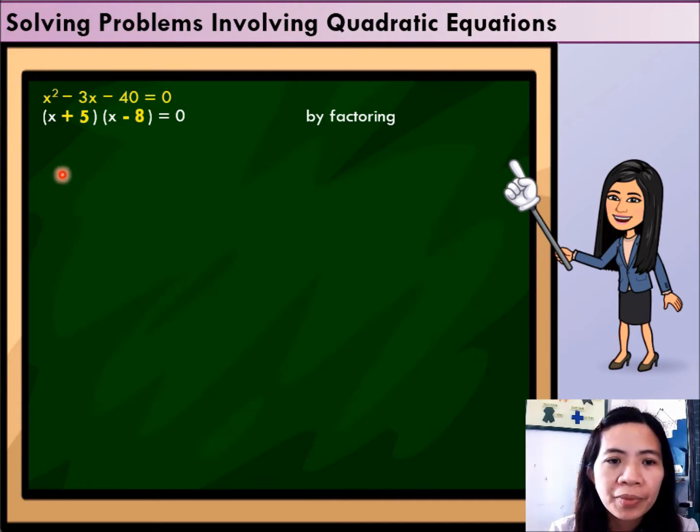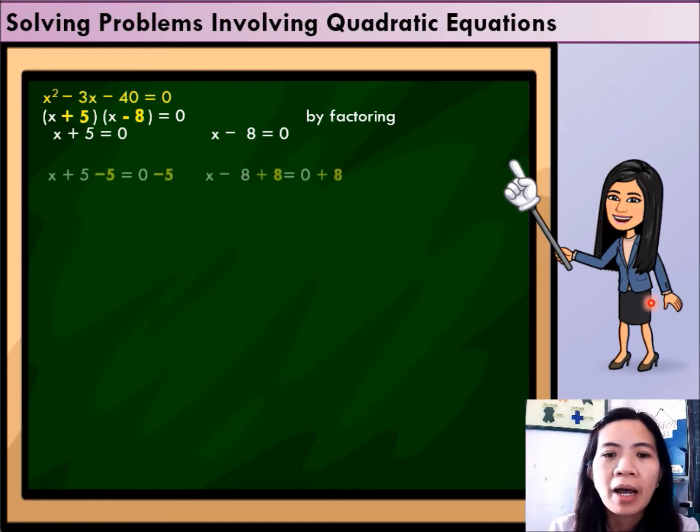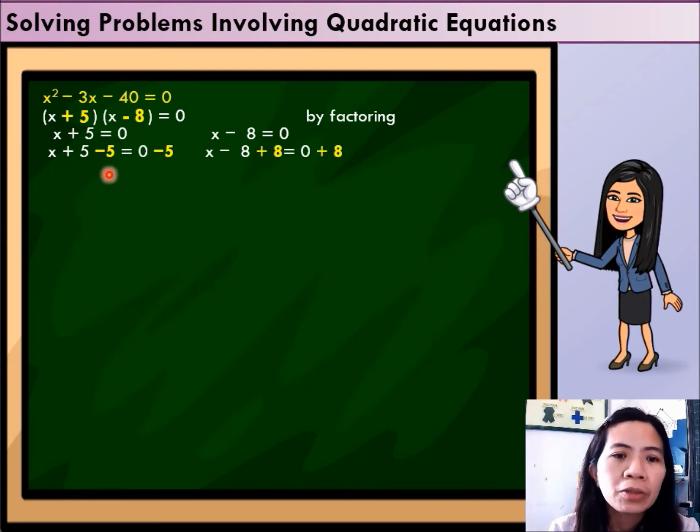To check, positive 5 times negative 8 is negative 40. Positive 5 plus negative 8 is negative 3. So these are now our factors. Then we are going to equate this to 0. We are using the zero product property. And then we are going to get the additive inverse of this number to make this 0. So we are going to isolate x. So positive 5 minus 5 is 0.